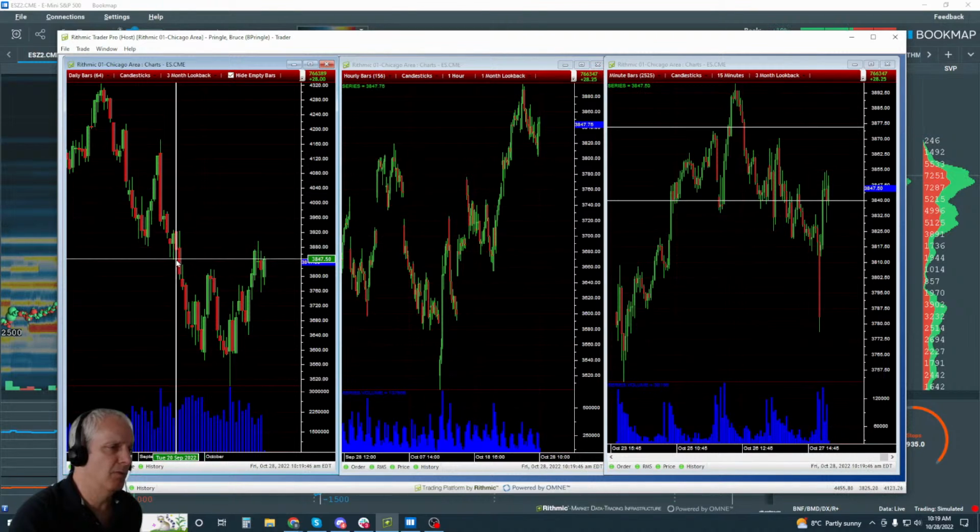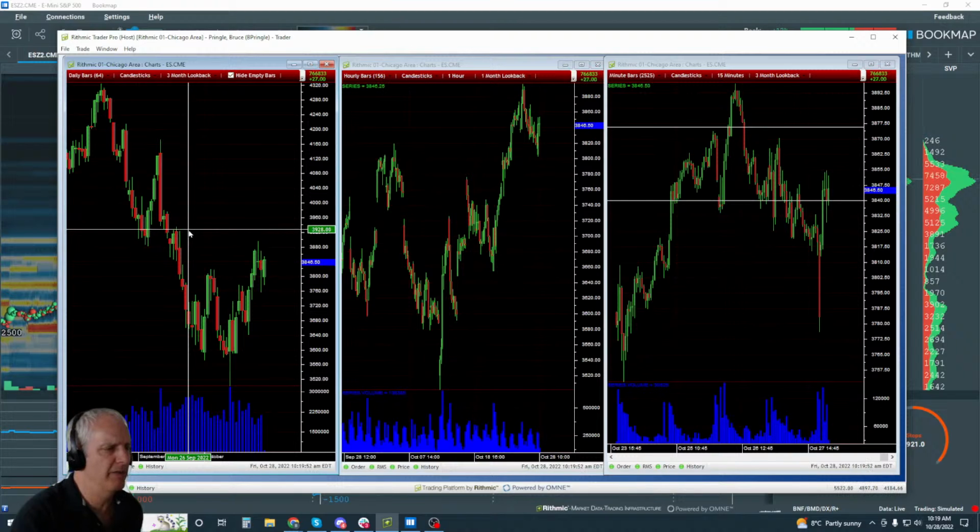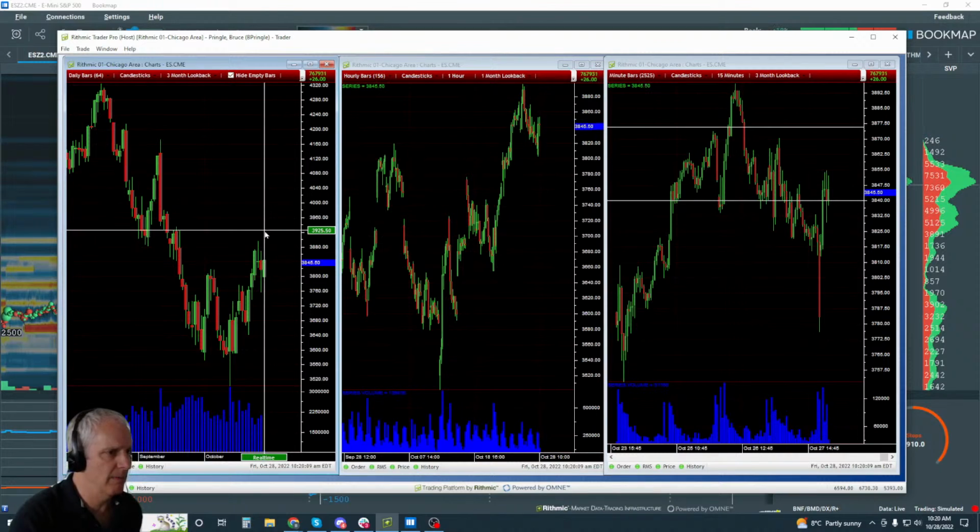So we are looking for a move back up into here, and then also here, and then also here. If they get enough buying pressure, it would be the next swing up here, 39.30 or so, somewhere up in there, right? Because this is where we can see the sellers did come in here. There was even a pullback here on that wick, and then a follow through to the downside. So we could still see price come back up into these areas if we get enough buyers in here.